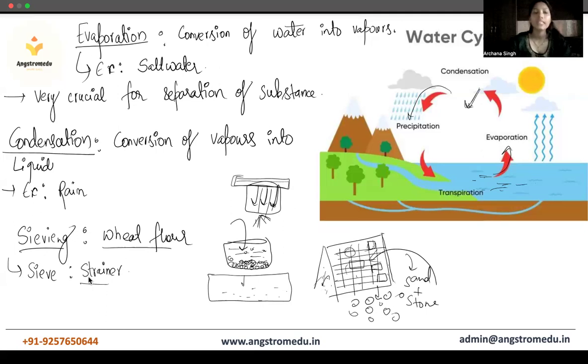After that, you have sieving. Okay, you have a process of sieving. Sieving is where you have a sieve, like a tea strainer, or like for wheat flour, you will be having a sieve, right? You will be having a net at the bottom. Generally, for household purposes, you have a net at the bottom.